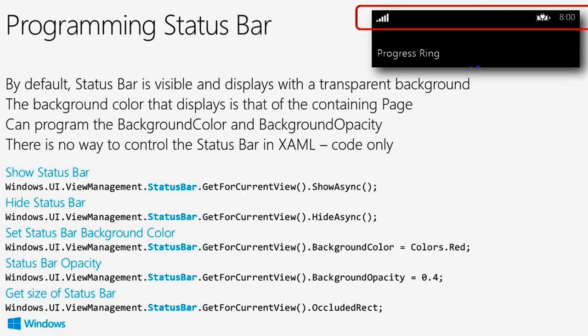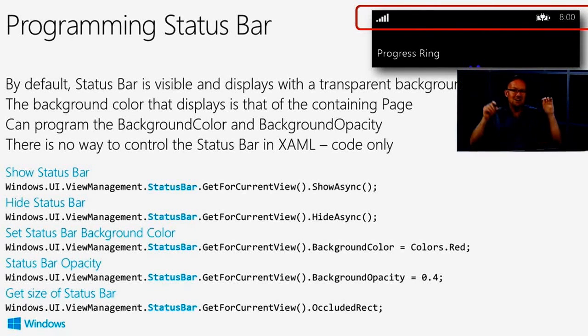Now, by default, the background color of the status bar is fully transparent, so you're just seeing through it. What you're seeing is the background of the page shining through. But you can set the background color explicitly in code, and you can change the opacity as well.